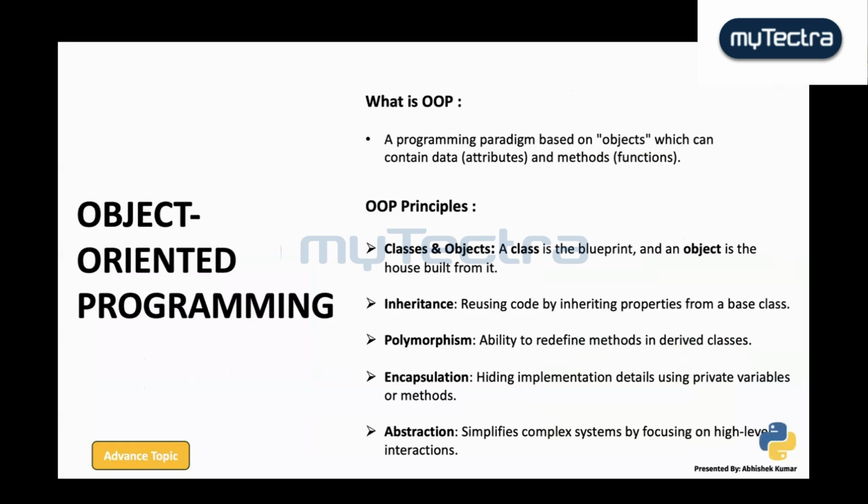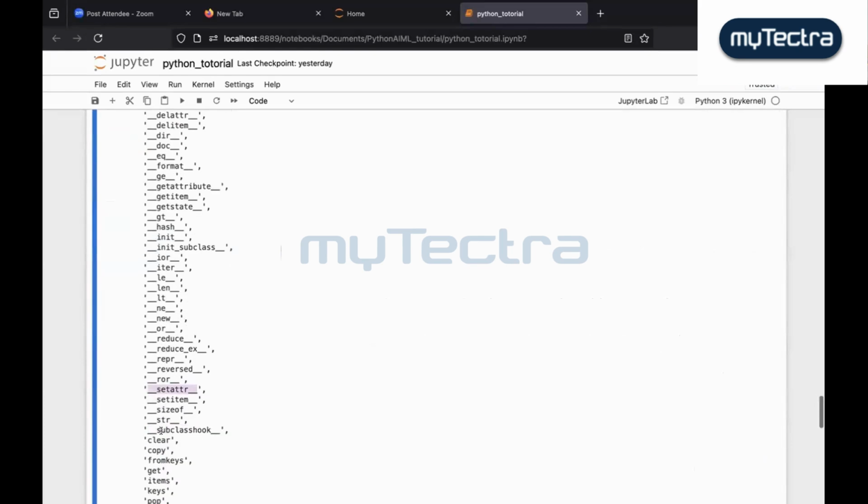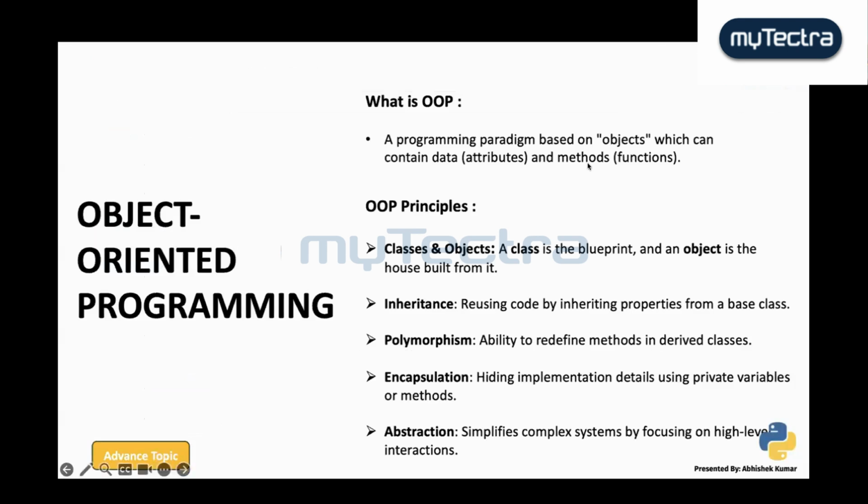We had our list and we did a dot append or dot extend. So the entire thing behaved as an object, and then we called the attributes from that particular list class. So that's how it works. These are all methods which are predefined for a dictionary item.